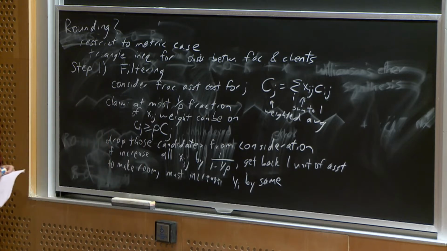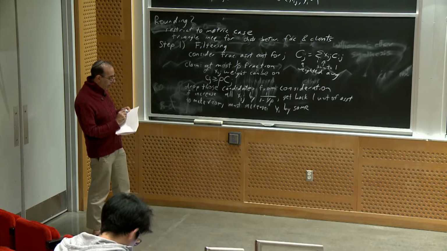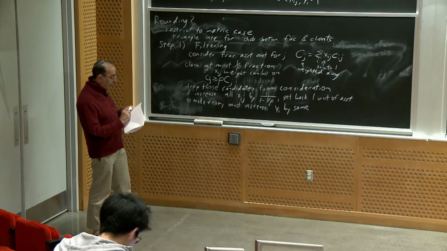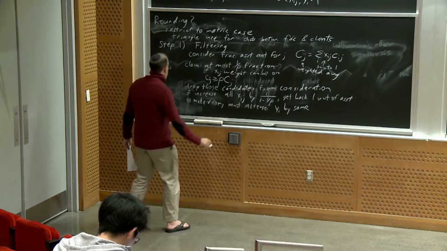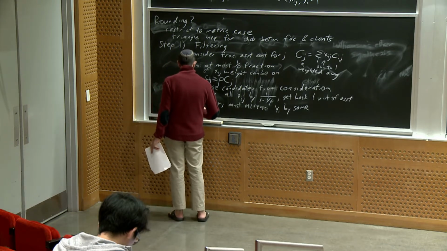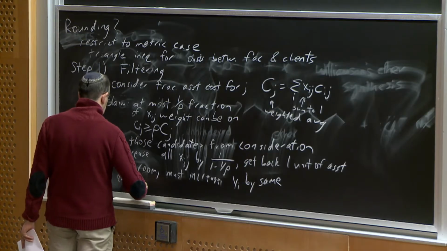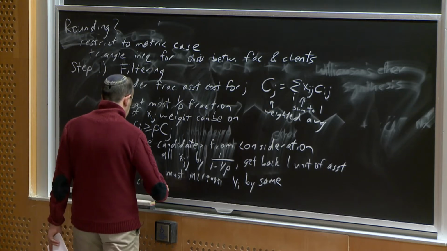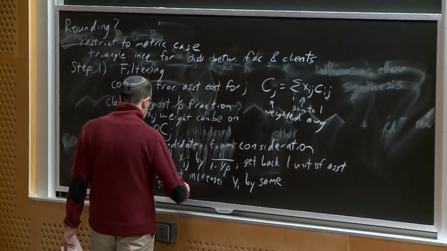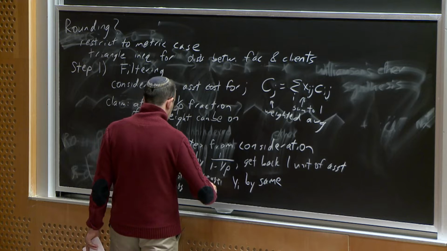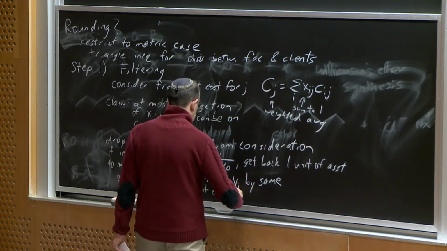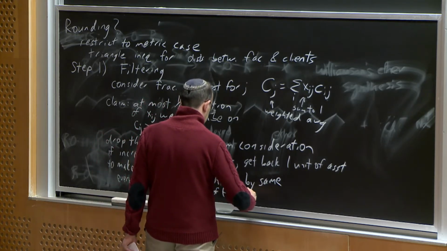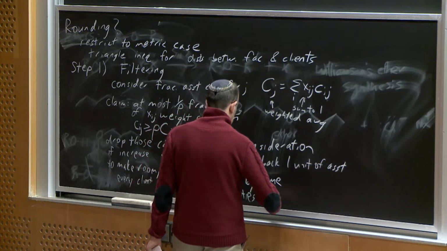Okay? So actually, the xij's are a bit of a red herring here. What matters is that if we increase the weight of the yi's by a 1 minus 1 over rho factor, then we can conclude that every client still has 1 unit of facilities in reach.